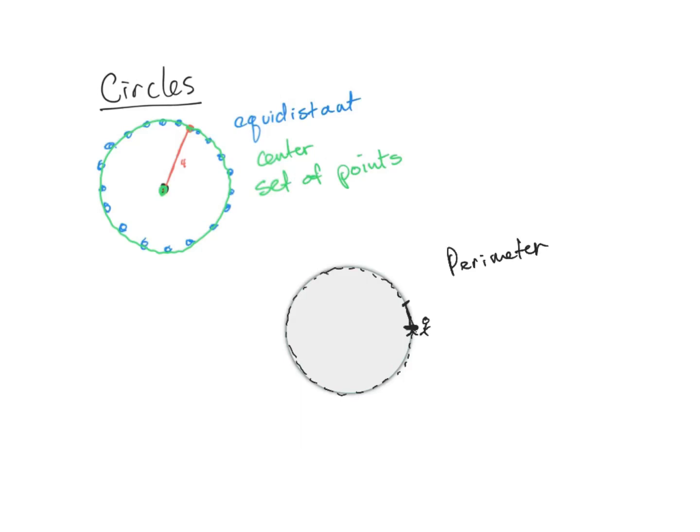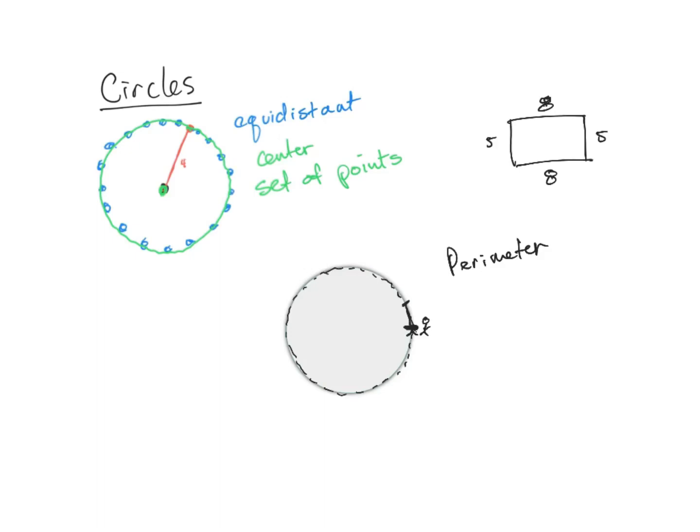Problem is, it's different than finding, let's say, the perimeter of a rectangle, in which case I could just add the sides. There are no sides. So how do I add a set of points?